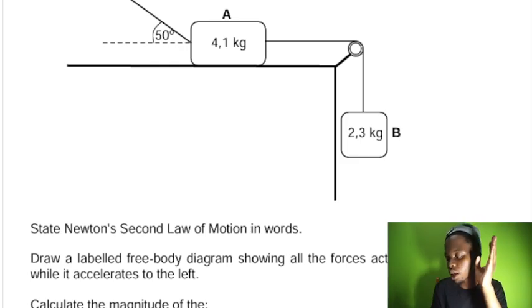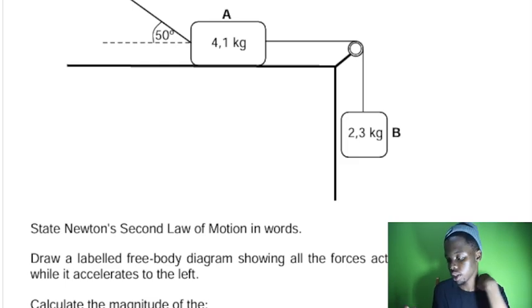But the 4,1 kg is being pulled to the right by the 2,3 kg. Yes, it's not going to the right because there's a force being applied to pull everything to the left. But in terms of the tension between the 4,1 kg and the 2,3 kg block, we're writing this direction because the 2,3 kg block is pulling the 4,1 kg. So that will be tension in this direction.